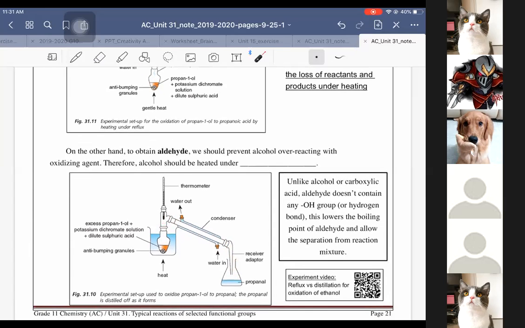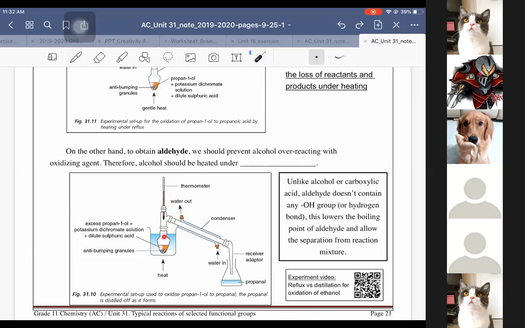And remember, we have a difference between the boiling points of methanol and methanal. Methanol can form hydrogen bonds, hence it has a higher boiling point. Methanal cannot form hydrogen bonds, hence it has a lower boiling point. So if we can set the temperature at the right number, then we can get the methanal to evaporate and be collected here, but not the methanol.